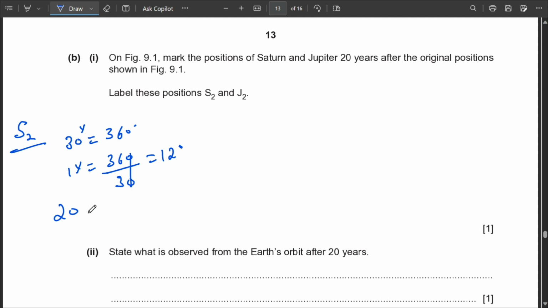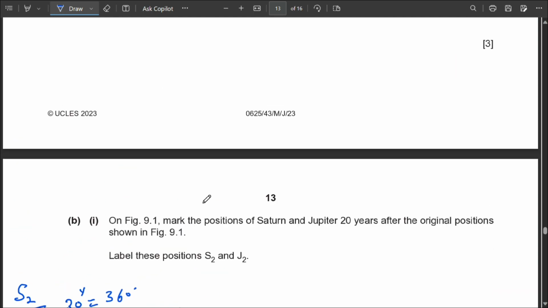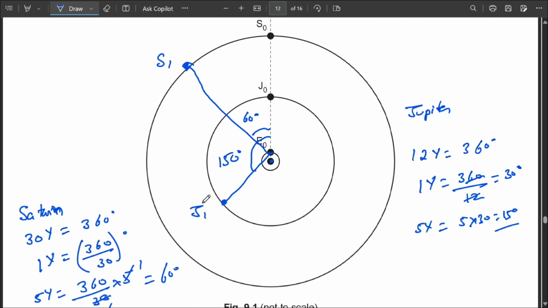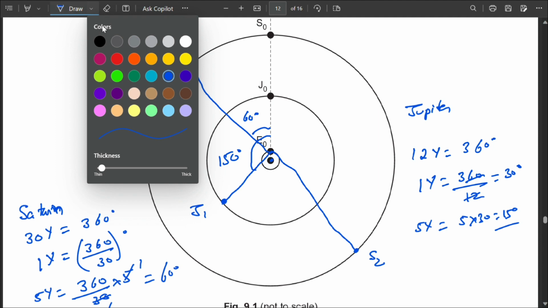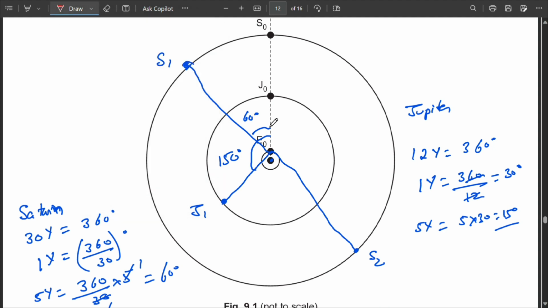And in 20 years, it will do 12 into 20, that means 240 degrees. So the S2 position is 240 degrees from the original position. This is 180, this will be 270, so 240 will be around here. I'm considering this S2, so mark this angle with the red pen. This is 240 degrees.